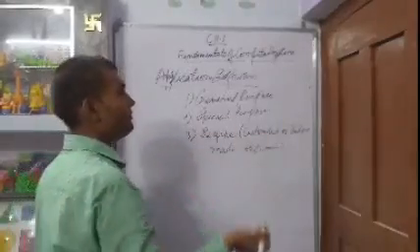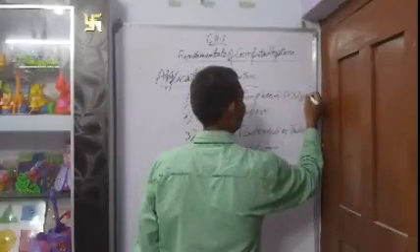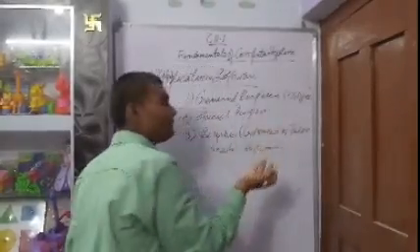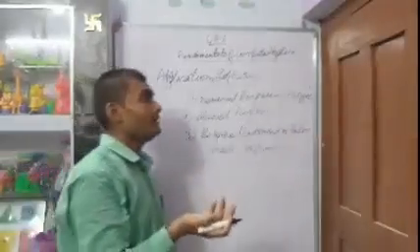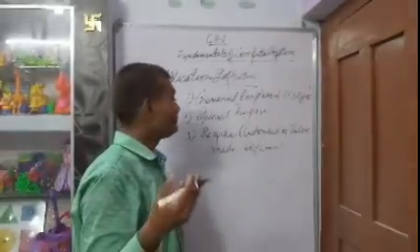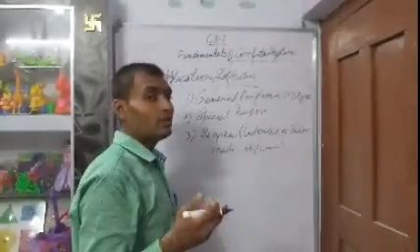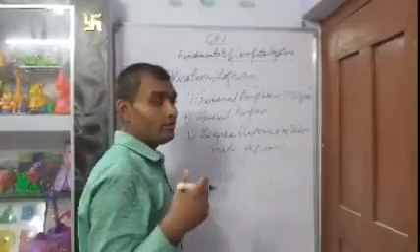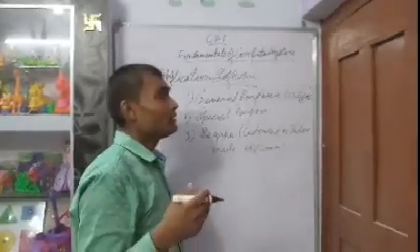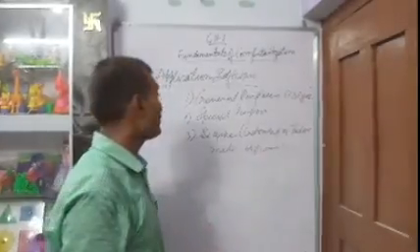So general purpose software, when you use MS Office, these are all general purpose software. Suppose accounts related software, you make graphs and charts using MS Excel, create documents using MS Word, or create slides on MS PowerPoint. These are all general purpose softwares, okay.